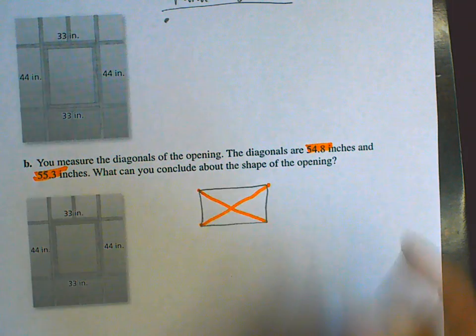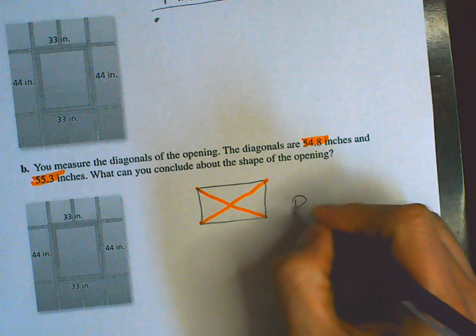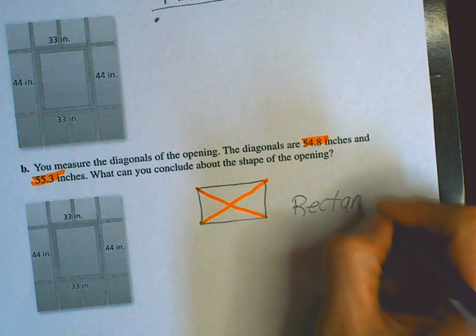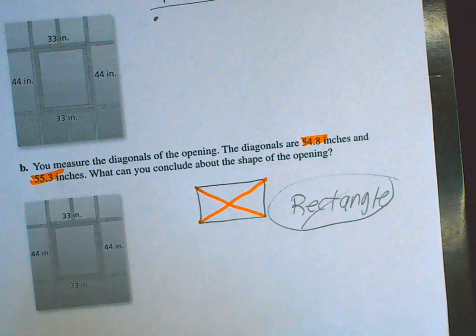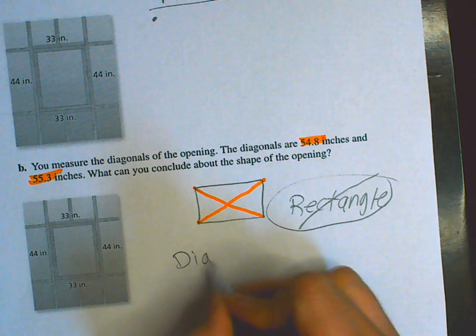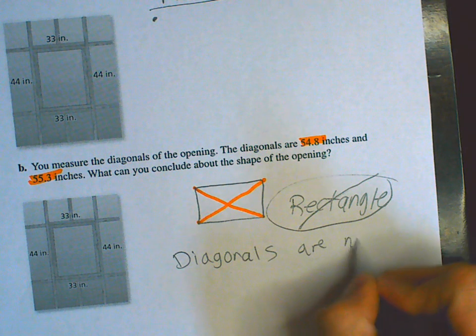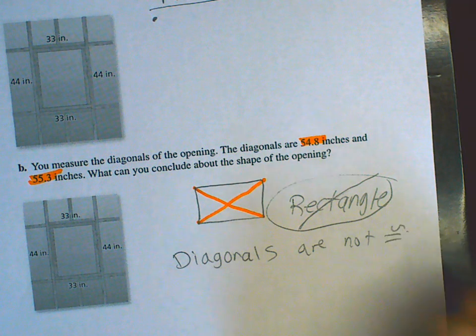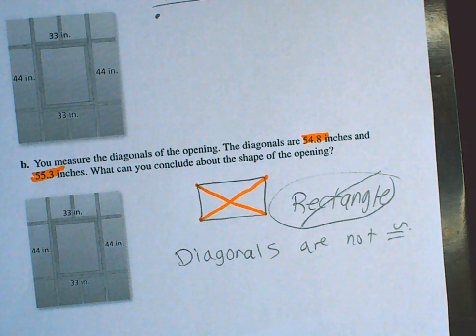So therefore, this will not be a rectangle, mainly because the diagonals are not congruent. That's example number 4.